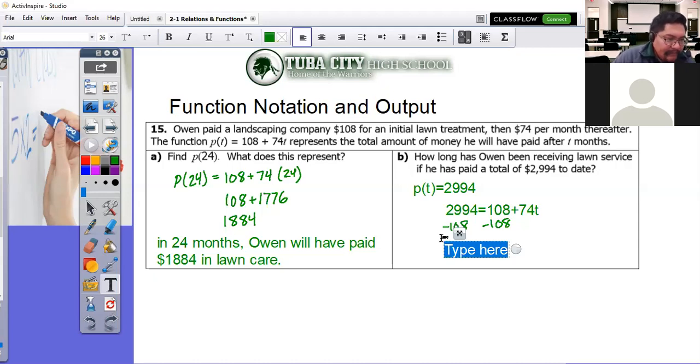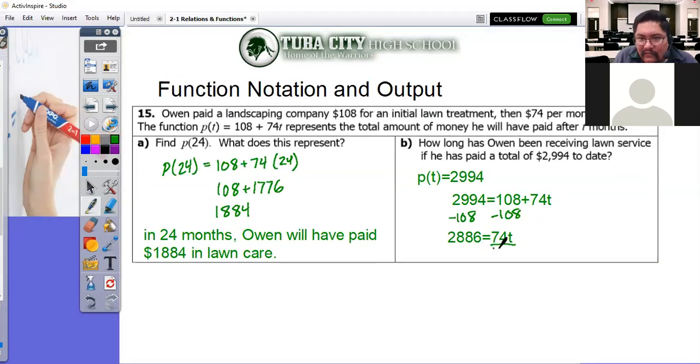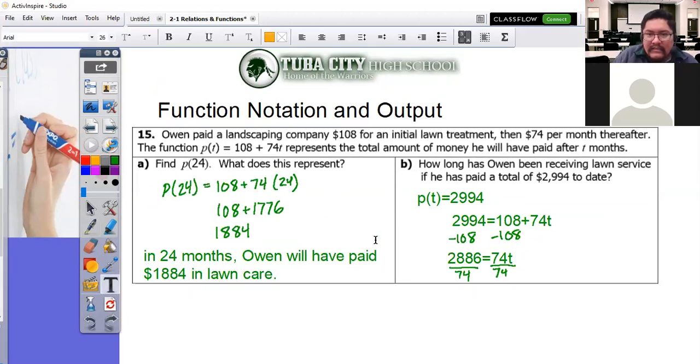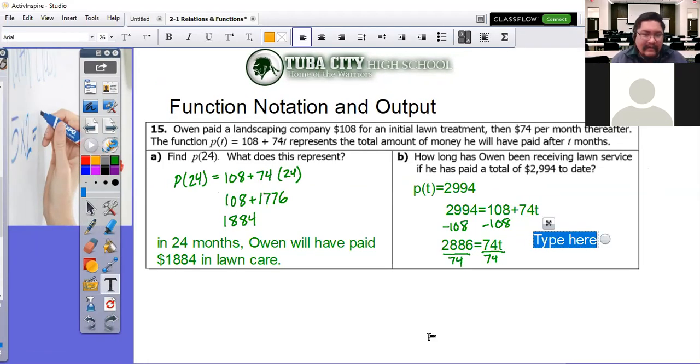And that would be 2,886 equals 74t. And then from here, I would have to divide both sides by 74. And this comes out to, and I think we're ready to get our answer, t equals 39.